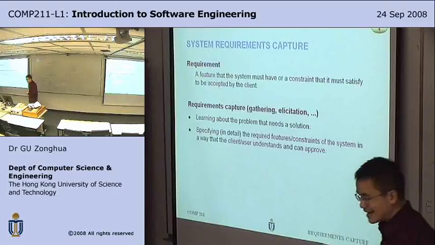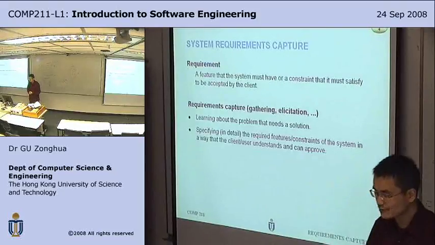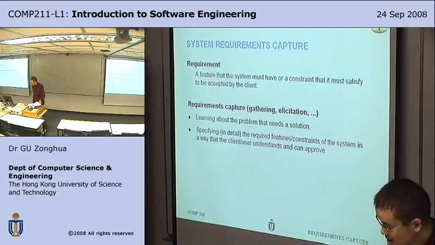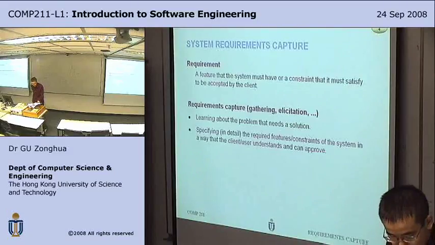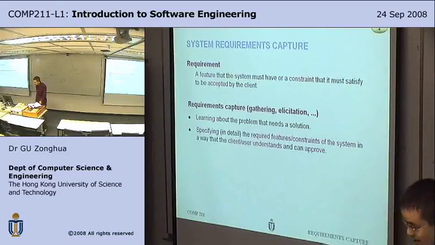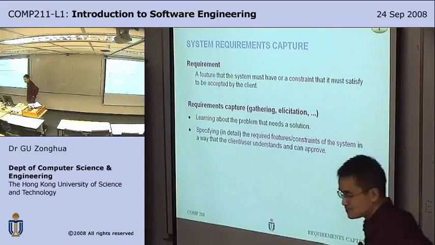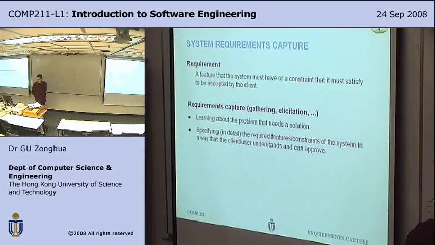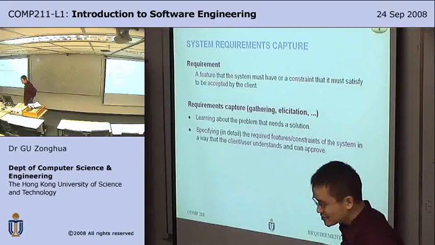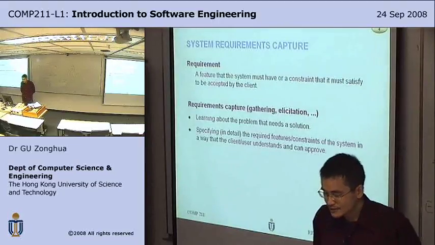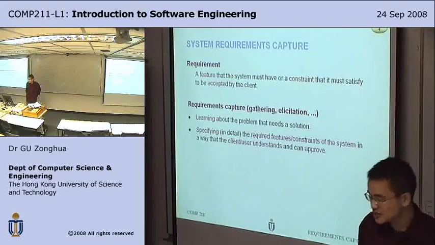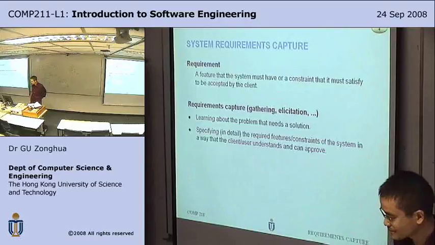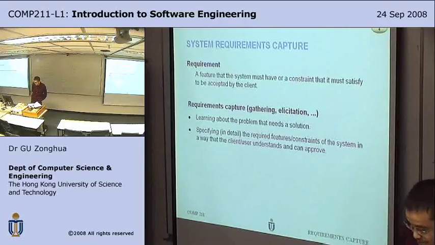So requirements capture, also called requirements gathering or requirements elicitation, is the process of learning about the problem that needs a solution, that is the application domain, specifying the required features, constraints of the system in a way that the client and the user understands and can approve.